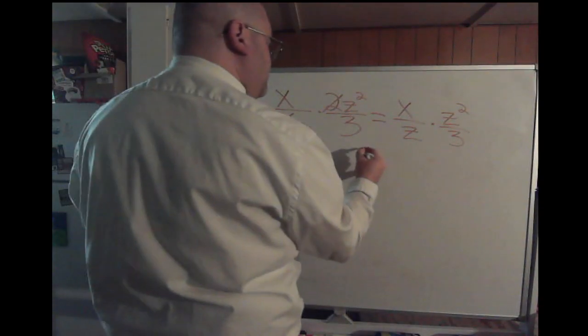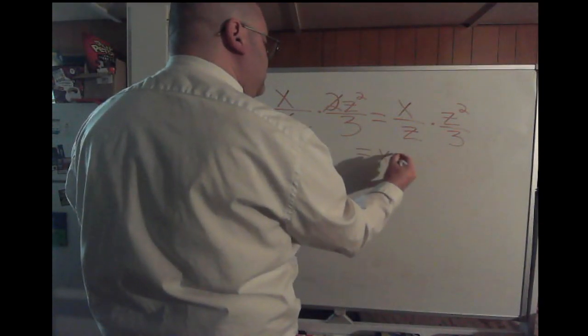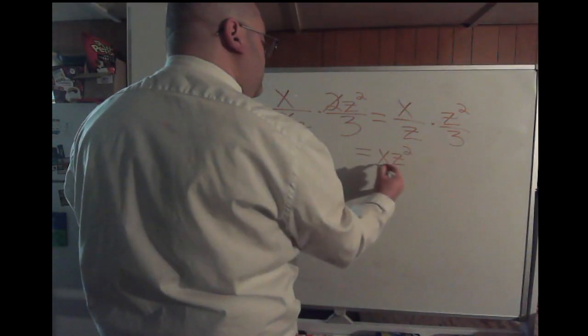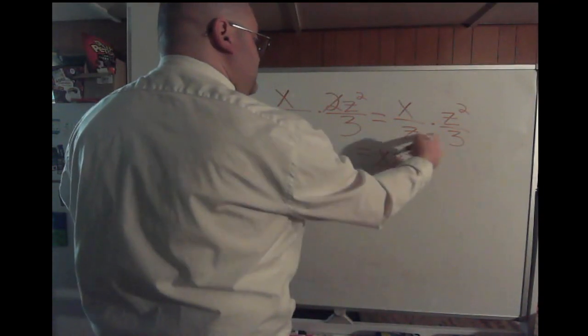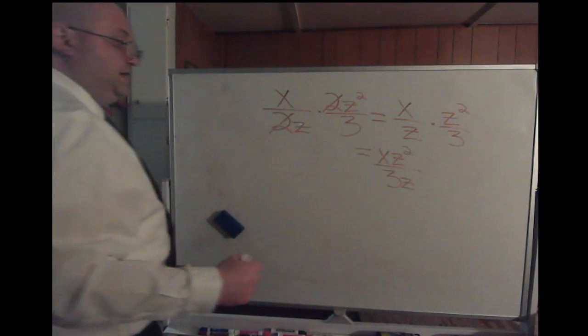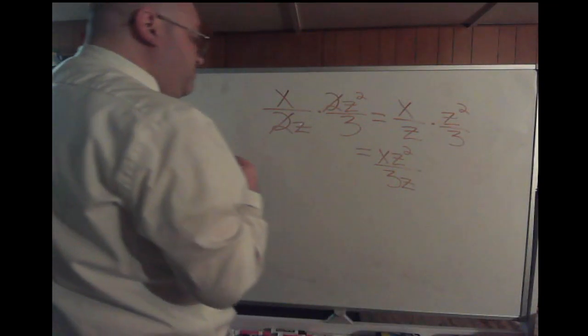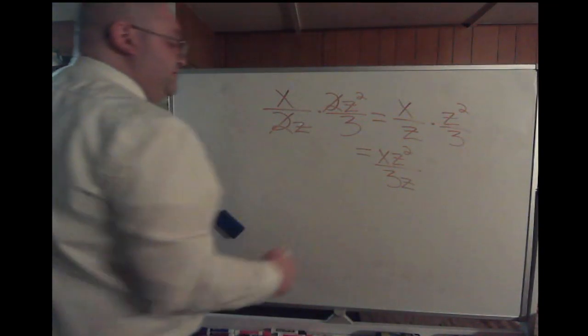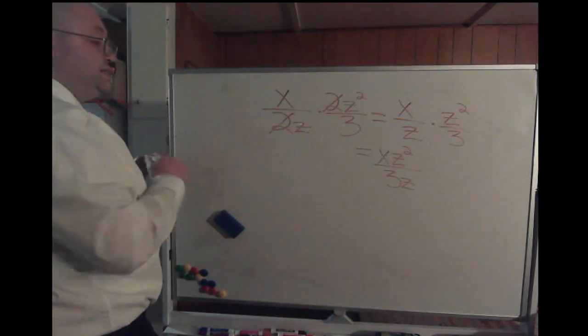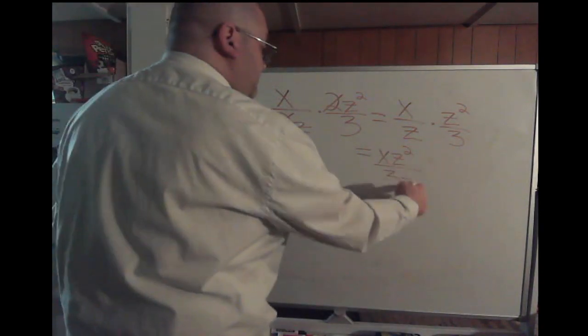Go ahead and do your multiplication. You'll have xz squared over 3z. Because z times 3 is 3z. Okay. Well, the x we can't do a whole heck of a lot about, but we have z squared over z.